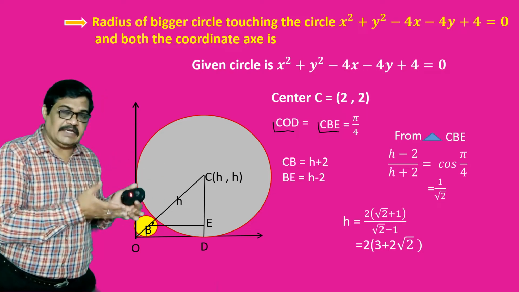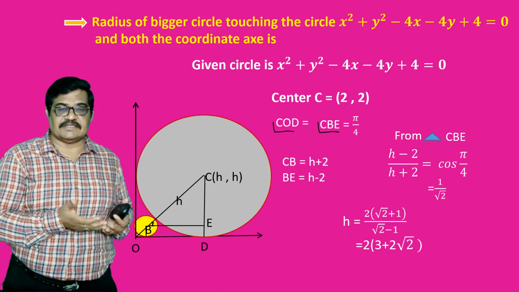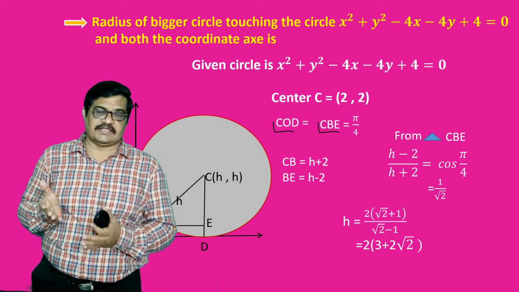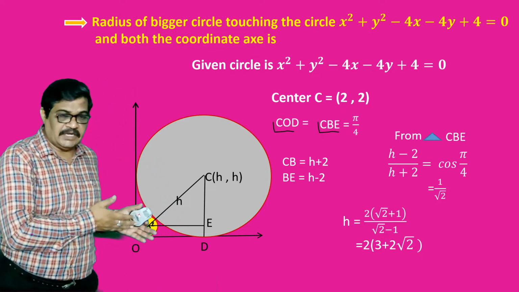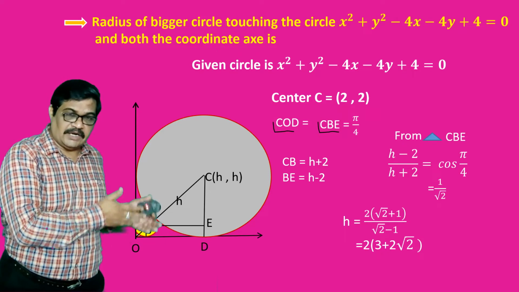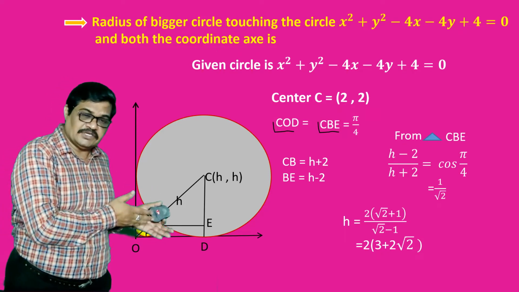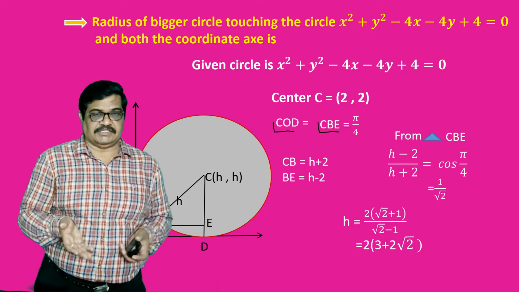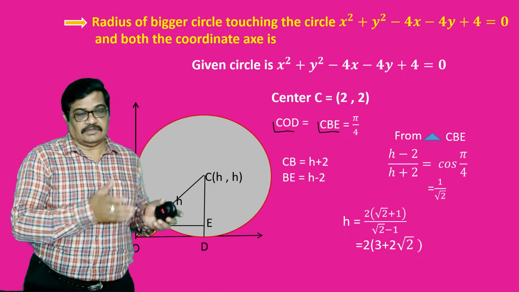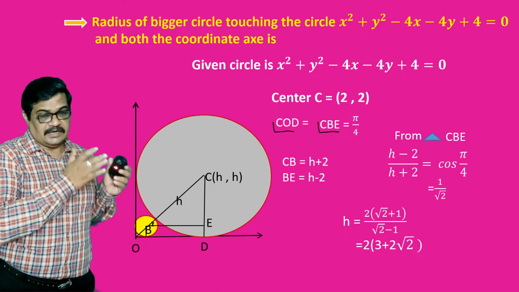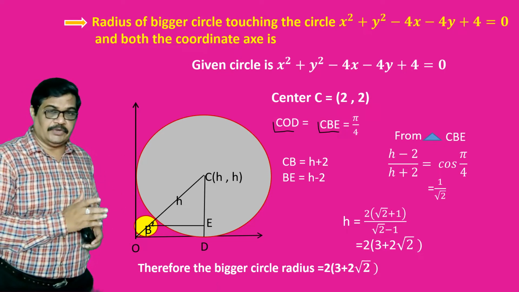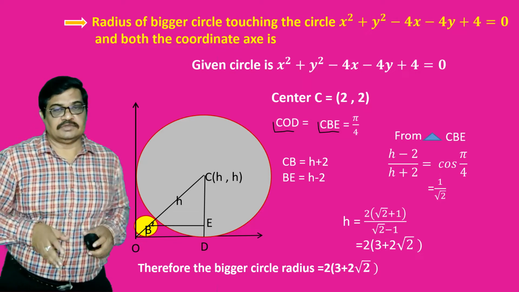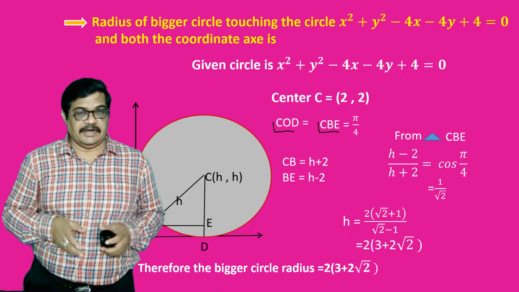The bigger circle touches both coordinate axes, so the x-coordinate equals the y-coordinate equals the radius. Here the center is (h, h) and the radius is also h. We want the bigger circle's radius, that is h. Therefore the bigger circle's radius is 2(3 + 2√2). This is our required radius.